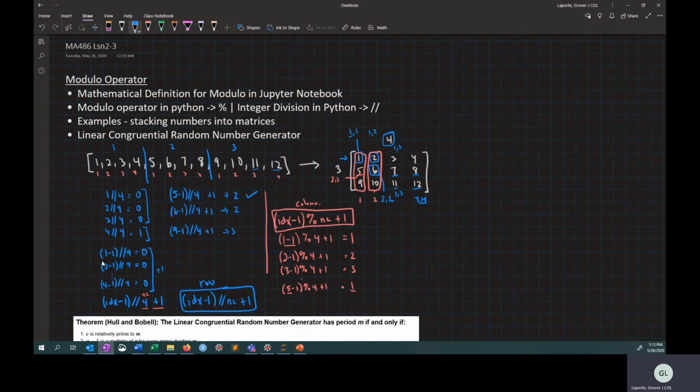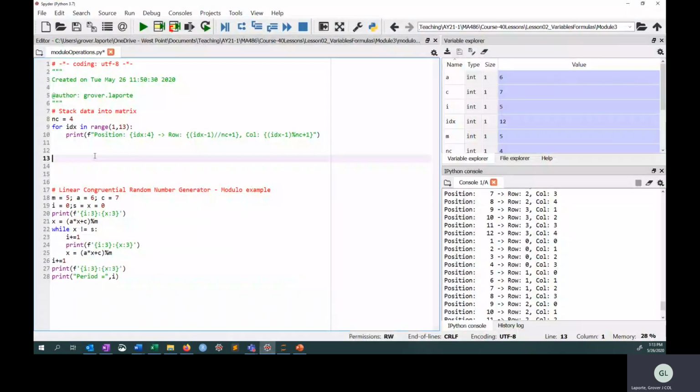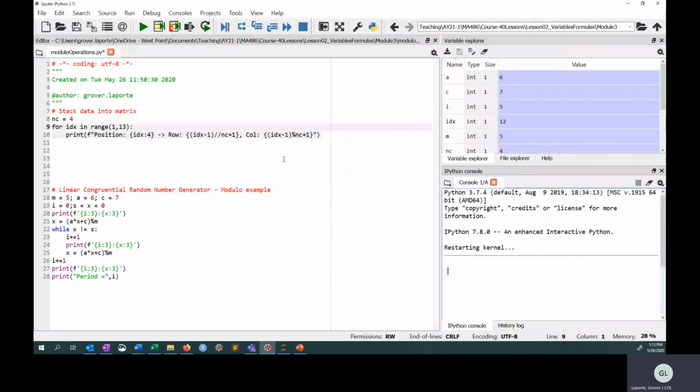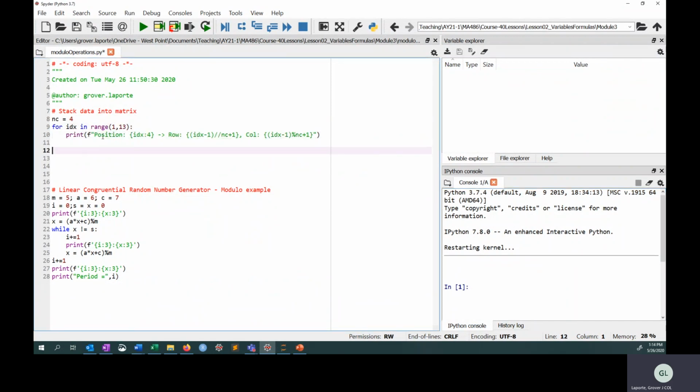All right, let's just see how that works out when we pull it up in Python. The cool thing over here: console restart, we'll restart the kernel. I like restarting the kernel to get us where we want to be. I've already put in the math. This is an F string, and you see IDX minus 1 integer division, like in C. I could have put a parenthesis, but because of the order of operations, we know that'll work, and then I'll add the 1 to it.